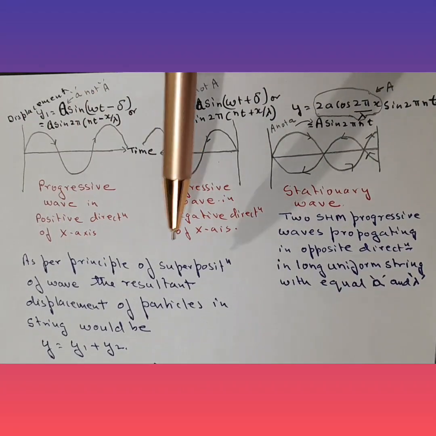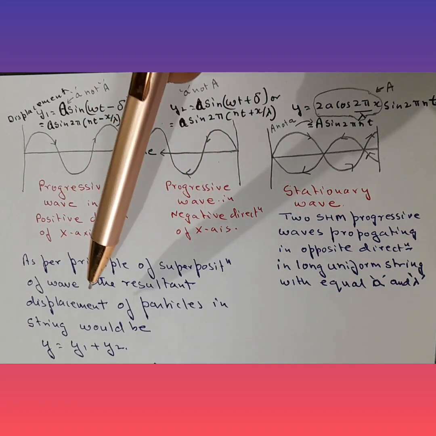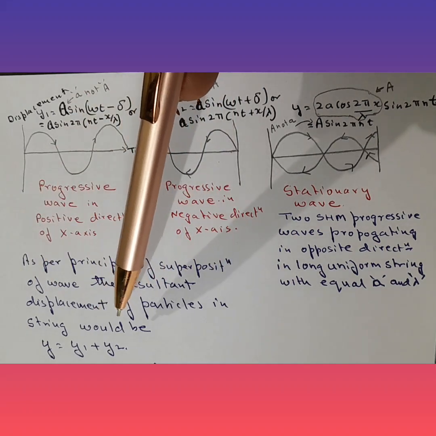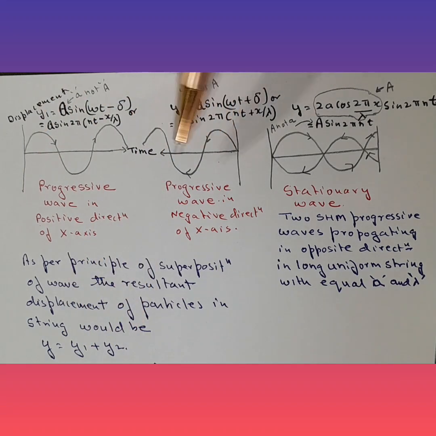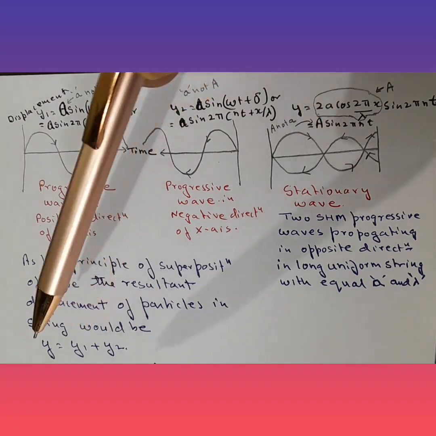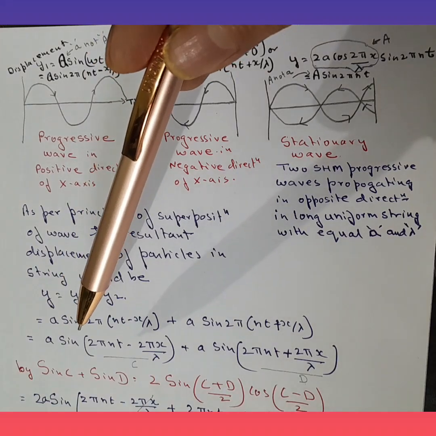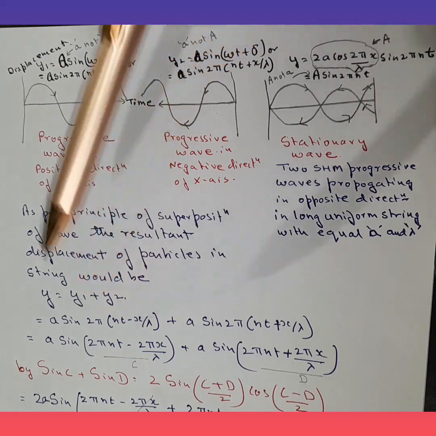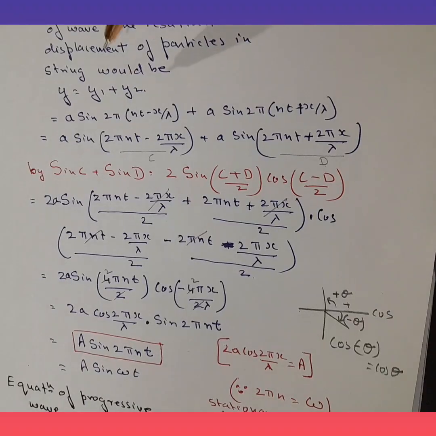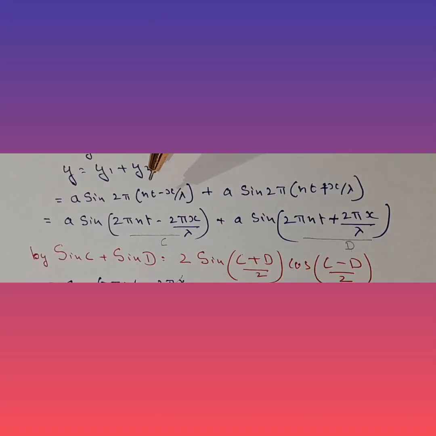As per the principle of superposition of waves, the resultant displacement of particles in the string would be y equal to y1 plus y2. So we put in the formulae for both: the formula for the progressive wave in the positive direction and the formula for the progressive wave in the negative direction.